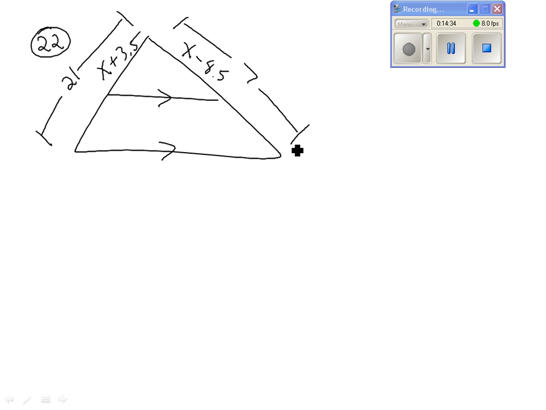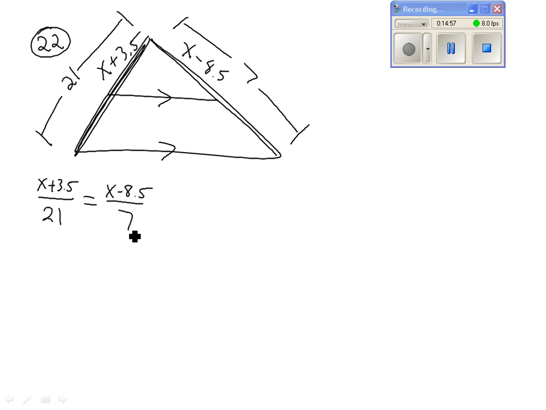You could set it up using the two triangles. Since we know the whole distances, you could set it up where the x plus 3.5 has to match up to the whole side over here, which is 21, and the x minus 8.5 has to match up to the whole side over here, which is 7. Make sure I wrote those down right. If you're trying to use the way that we've been using, it isn't going to be quite as easy this time.